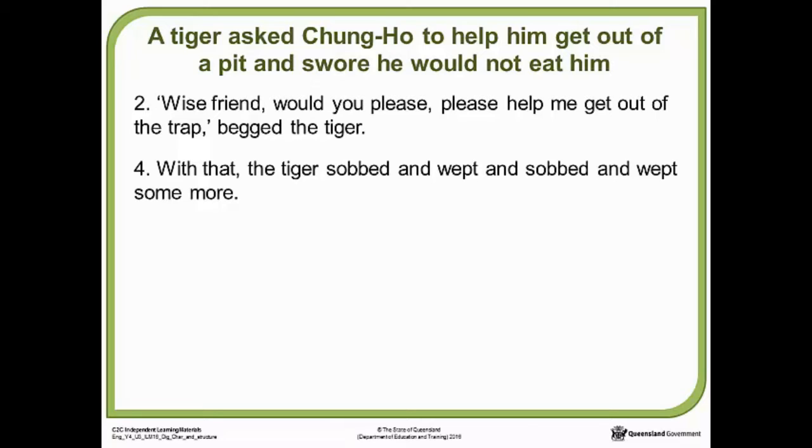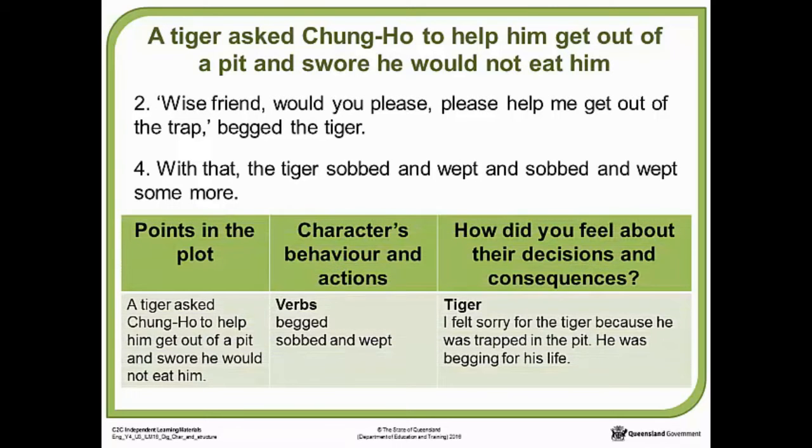With that, the tiger sobbed and wept, and sobbed and wept some more. Did you notice the verbs for the tiger? There is a saying verb, begged, and some action verbs, sobbed and wept. The repetition of these words also reinforced how he was feeling. At this point in the story, I felt sorry for the tiger because he was trapped in the pit.